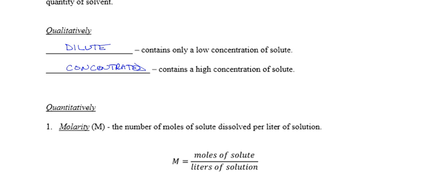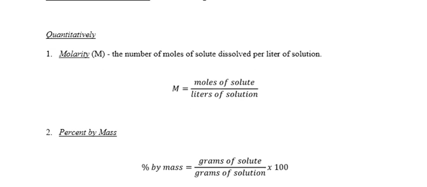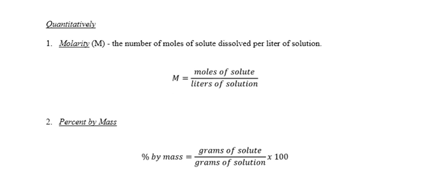But these solutions are not reproducible. If I asked you to make a dilute solution of Kool-Aid, there are endless possibilities for what you could come up with. And dilute to you may be concentrated, taste-wise, to somebody else.